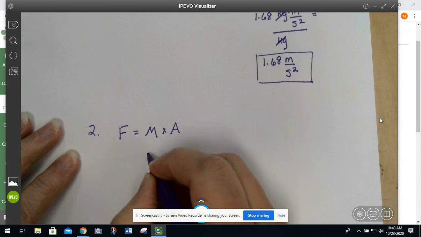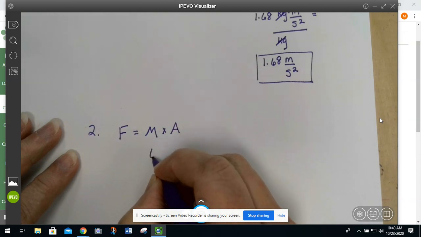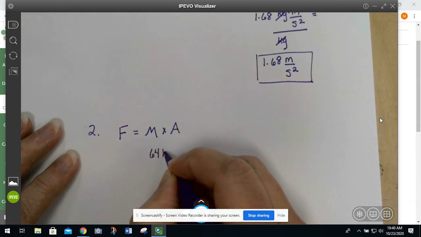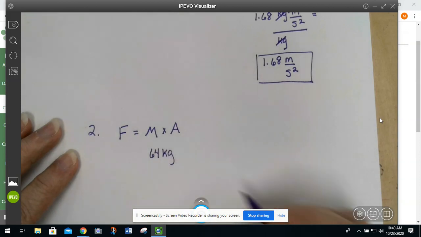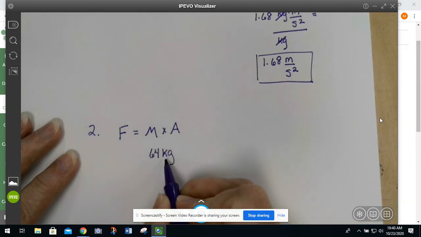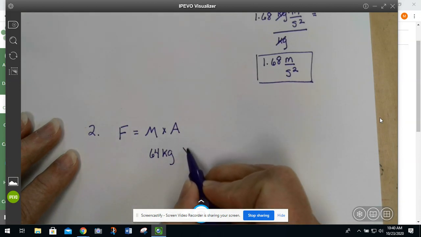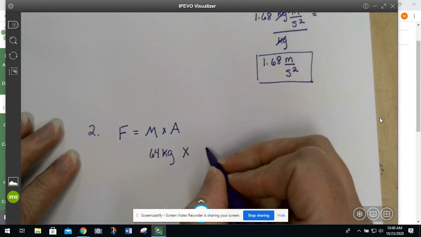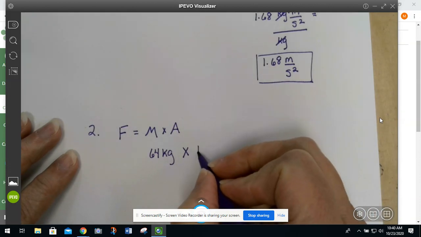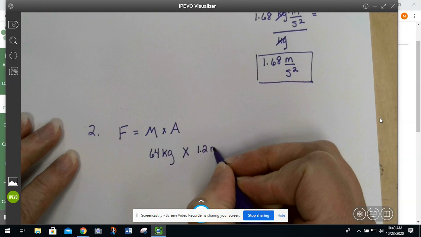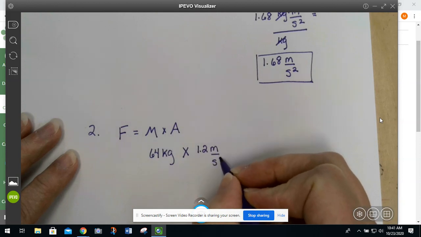Okay. And in number 2, it says the mass is 64 kilograms. Now, it actually doesn't use the word mass in the problem. I have to see that kg, and I have to know that g is for grams, and that must be the mass. And the acceleration, it does give me, is 1.2 meters per second squared.